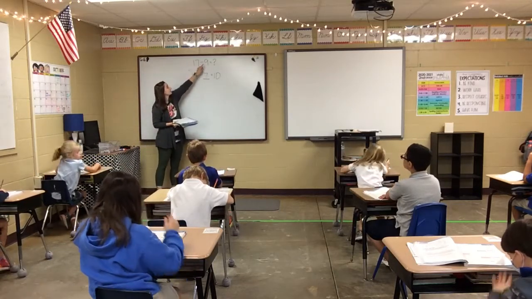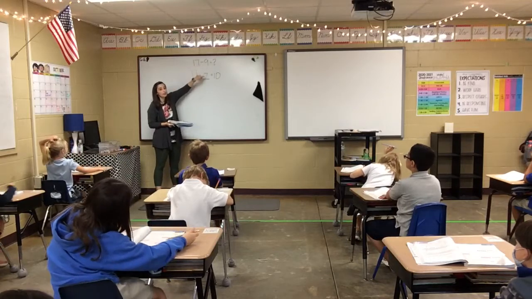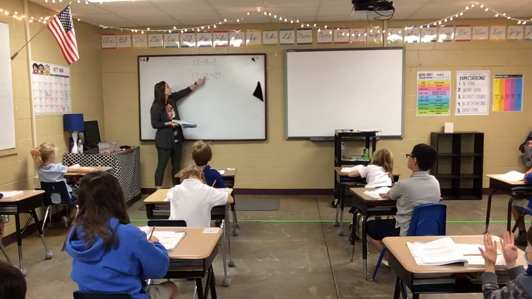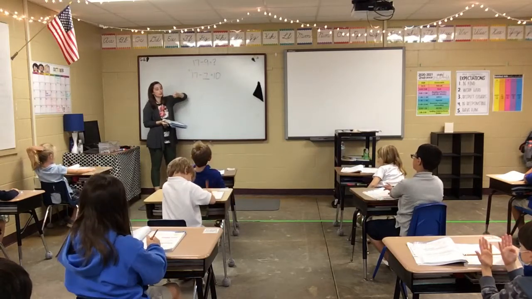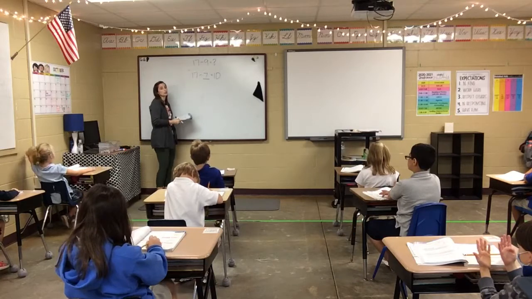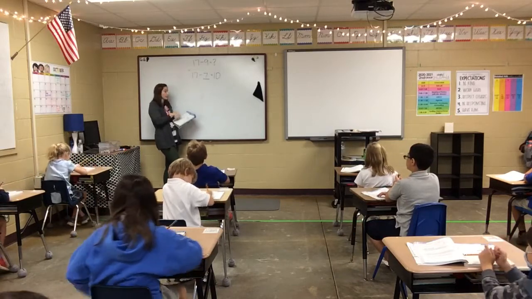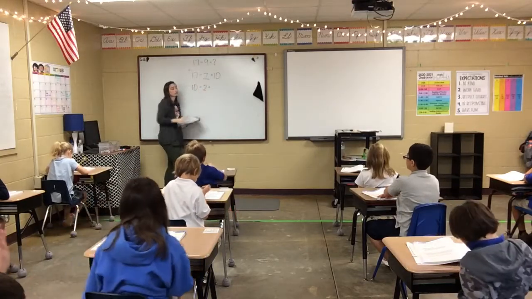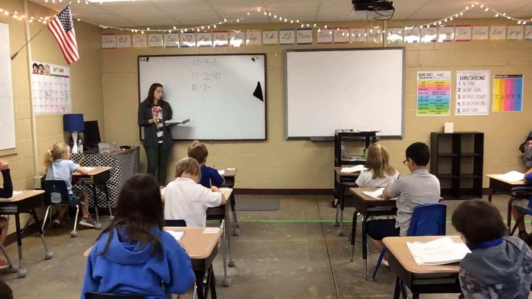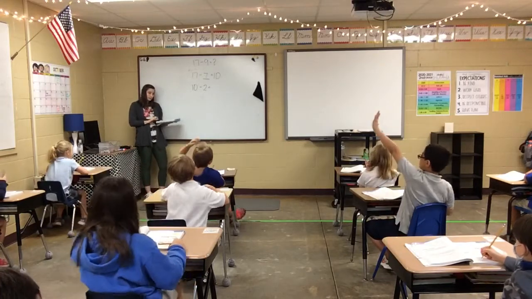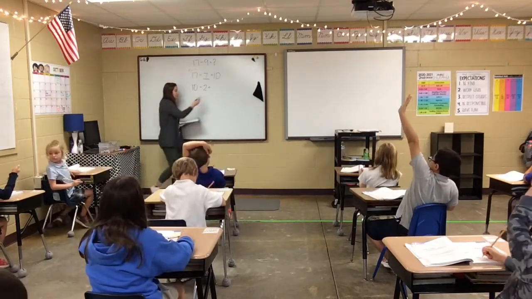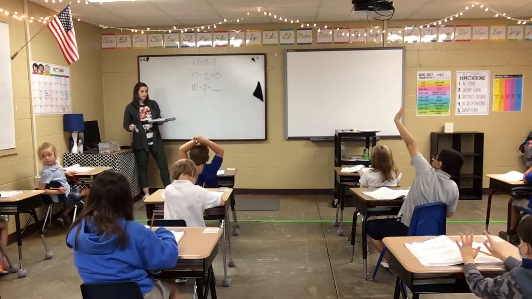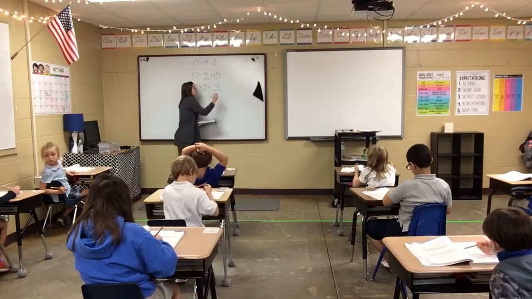If we borrowed from this 9, how many's left over? If we borrowed 7 from the 9, how many's left over? Luke? 2. And it tells you right there. Now we're going to do 10 minus 2. What does that equal, Sterling? 8. So 10 minus 2 is 8.